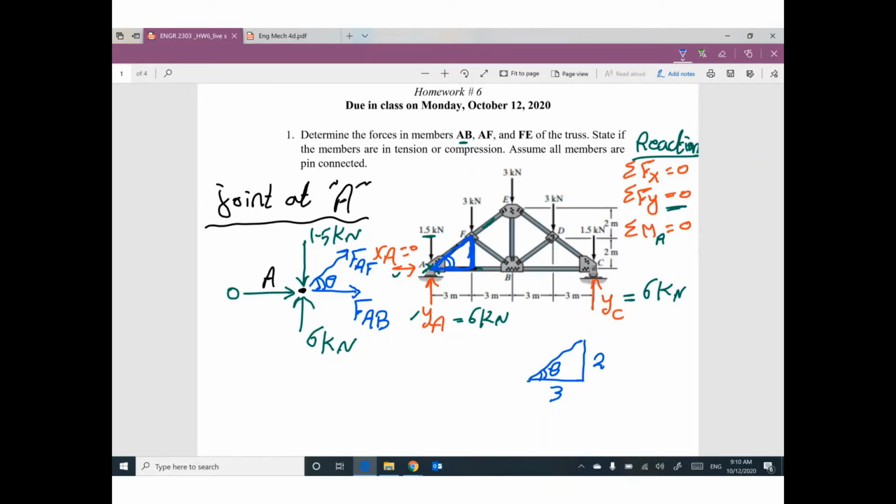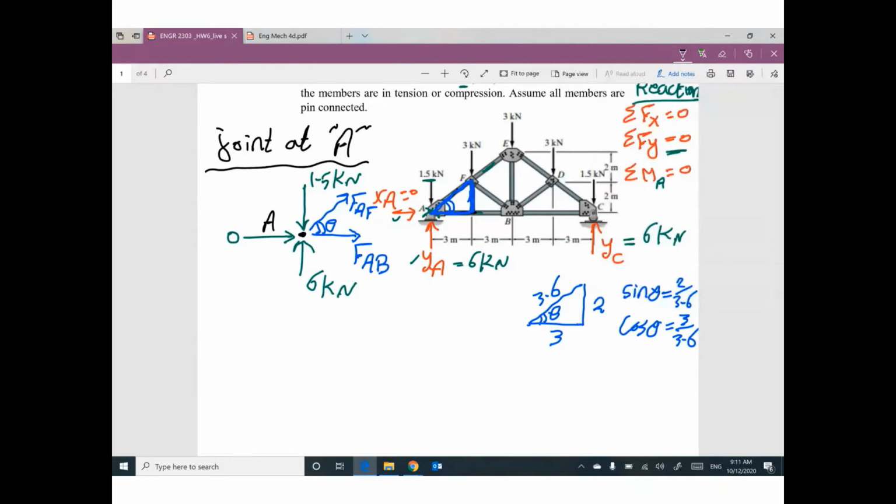Square root of 9 plus 4, it will be 3.6. So I can figure out the value of sine and the value of cosine, or if you would like, the value of theta. Anyway, we have two equations.